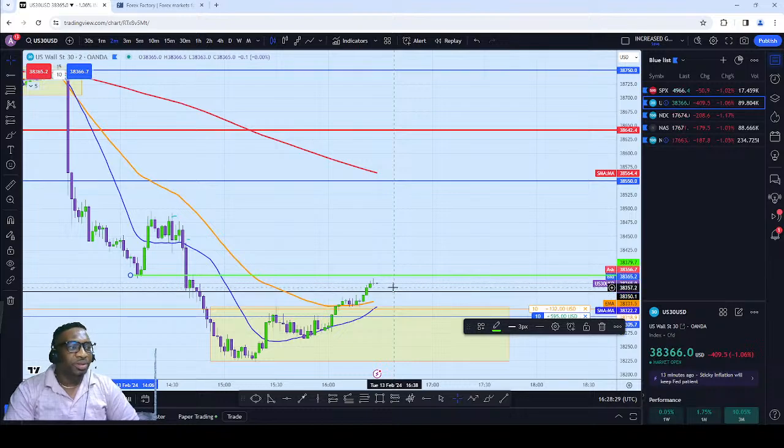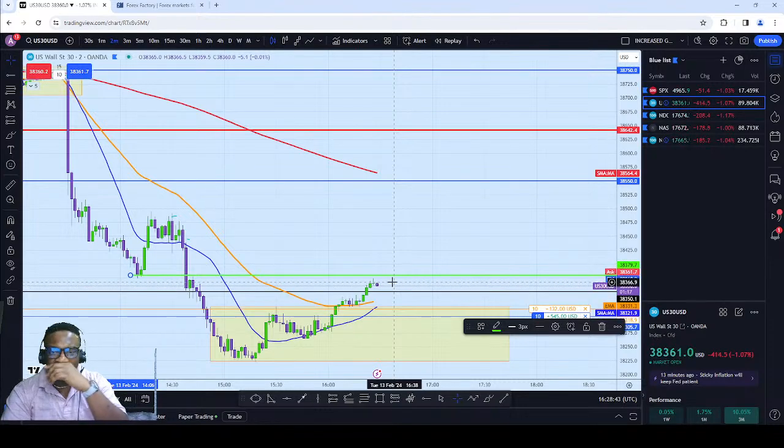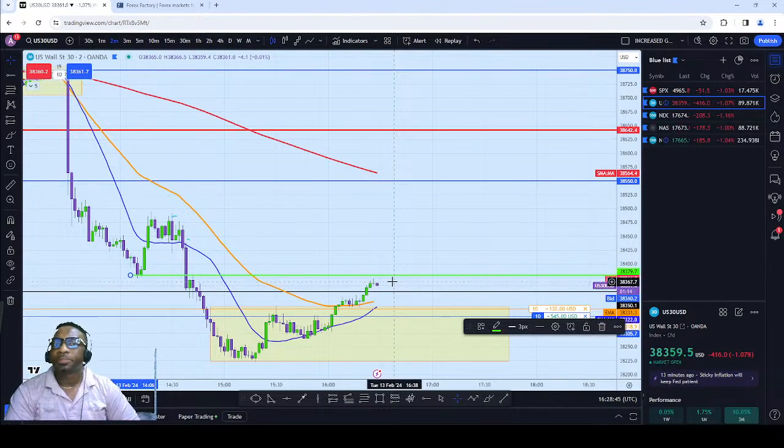Now it seems not to be working as we want it to. It goes up a bit, comes back down. So as I said, this area happens to be a troublesome area.